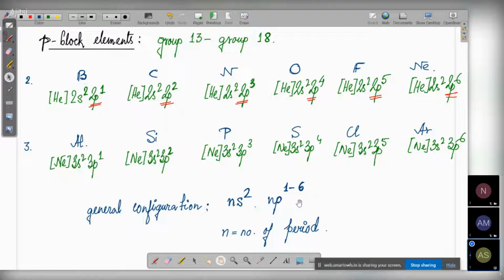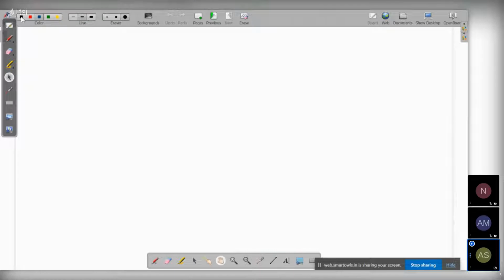Then let's see about the d block element. In the d block element, the valence electron will enter the d orbital, and hence they are called the d block element.